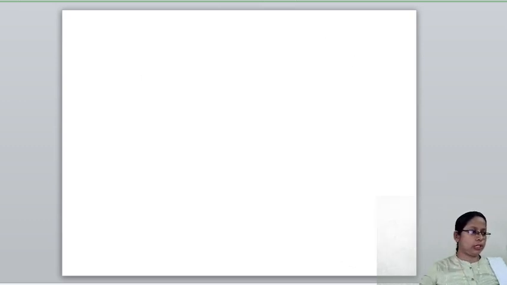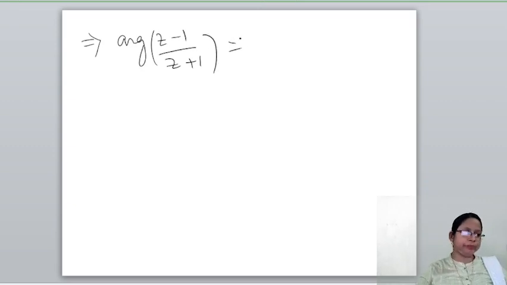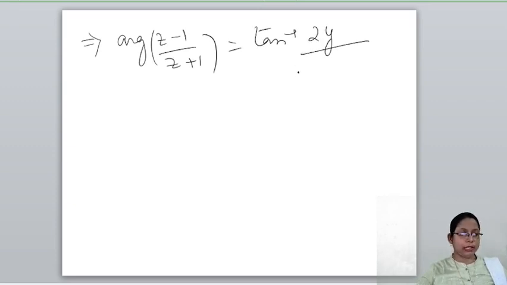In the next step we will get: arg of (z minus 1) by (z plus 1) is equal to tan inverse of 2y by (x square plus y square minus 1).